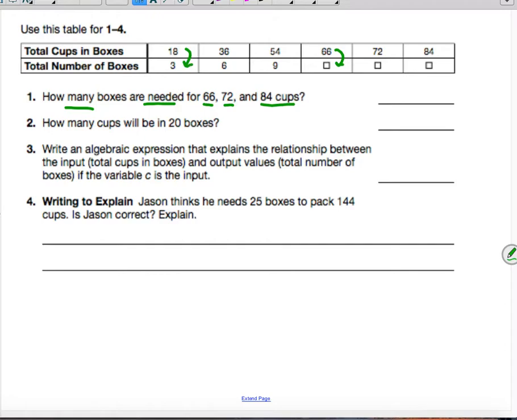So we're going from 18 to 3, 36 to 6, and 54 to 9. If we figure out how we do that, we'll know how to go from 66 to the number of boxes. In this case, we're going from 18 to a lower number, 3, which means we're either going to use subtraction or division, or multiplication by a fraction or a decimal, but we're going to keep it simple and say it's one of those two.